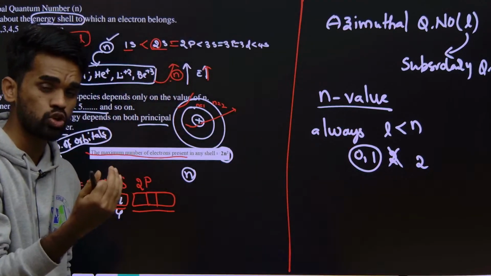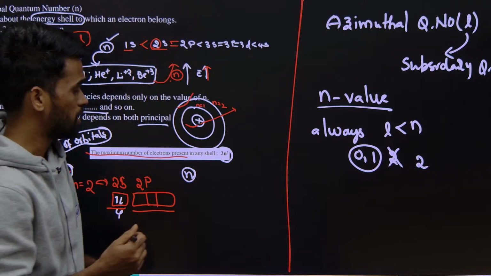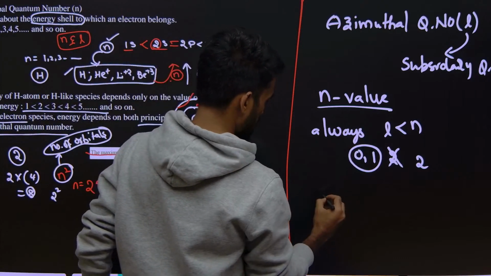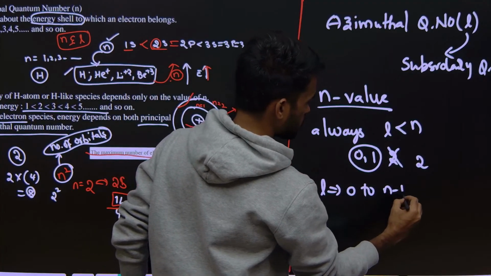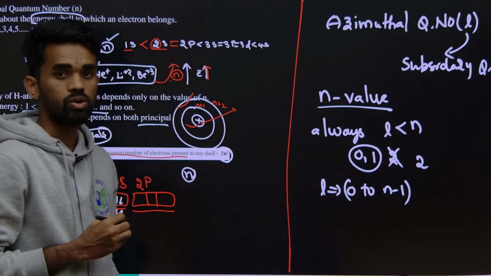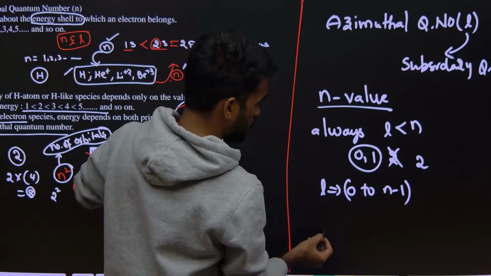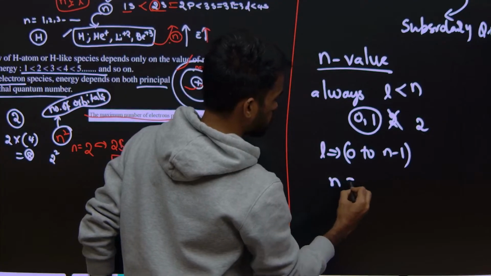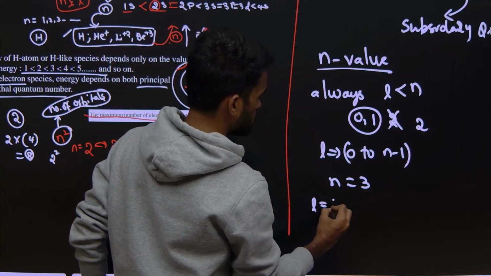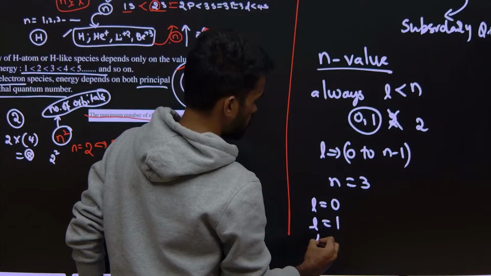The L value should always be lesser than n. So for a given n value, L varies from 0 to n minus 1. For example, for n equals 3, L can be 0, 1, 2.